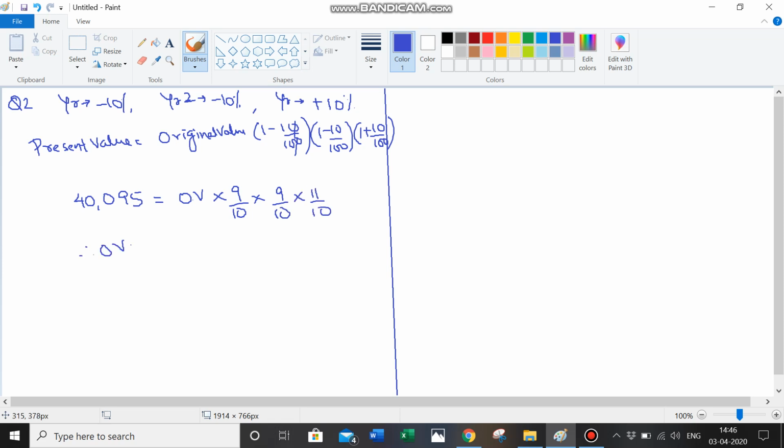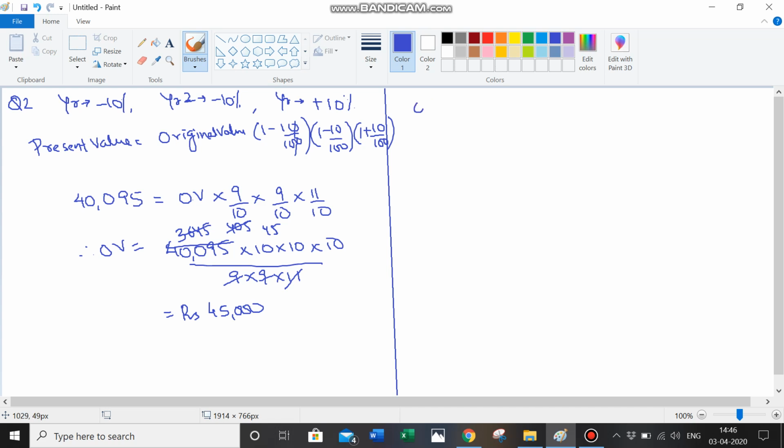Therefore, original value will be equal to 40,095 into 10 into 10 into 10 divided by 9 into 9 into 11. 11 1, this is 3645, this is 405, this is 45. This is equal to rupees 45,000.